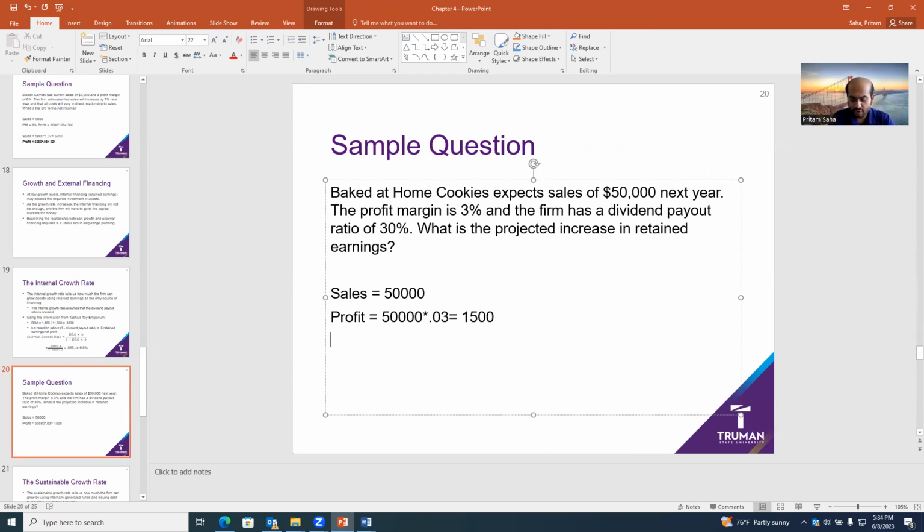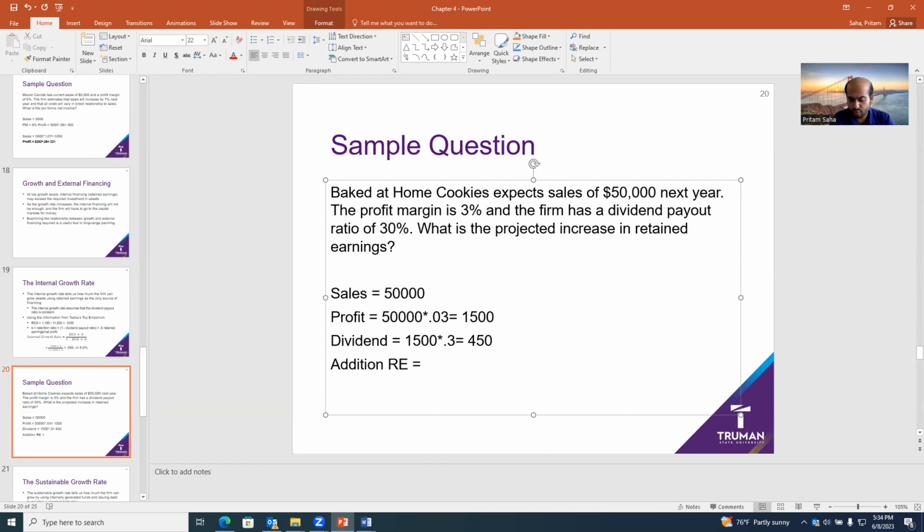And then the payout ratio is 30%, so dividend should then be 1500 times 0.3, which is 450. Projected increase in retained earnings.